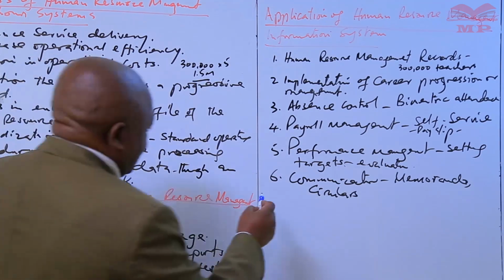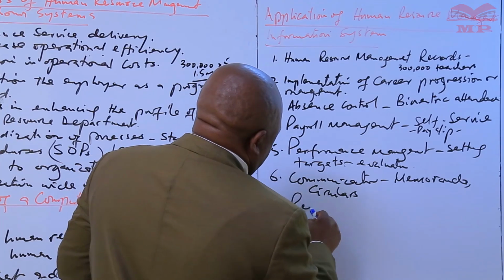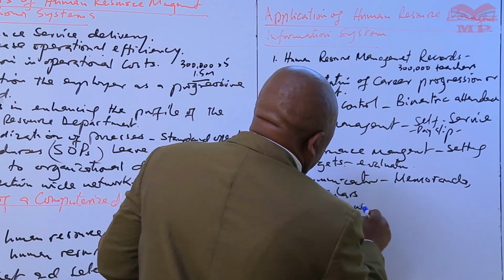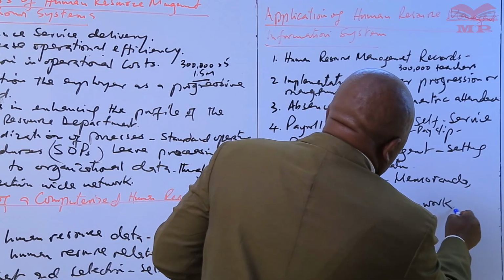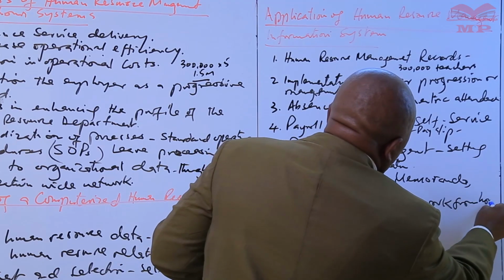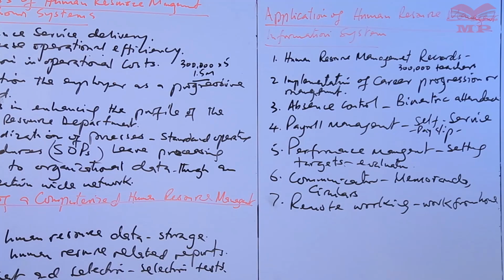There is also the issue of remote working. Workers can work from home. You give the worker instructions and work through the human resource management information system, and they are able to do their work and bring it in return. So remote working can also be facilitated.